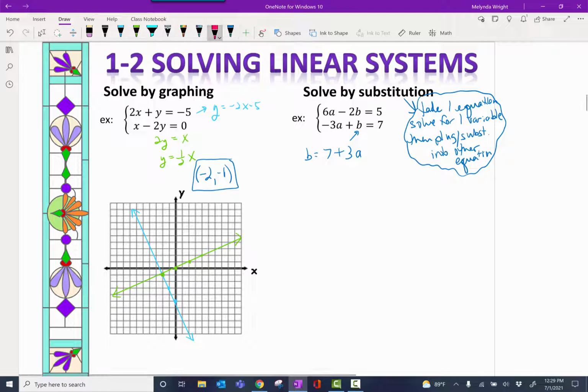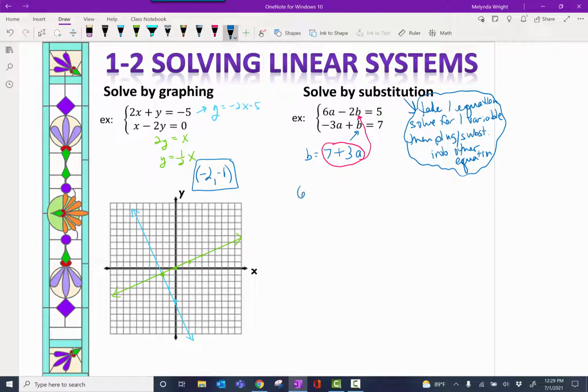Now we're going to take what b equals, go up here, and replace this b. We're going to substitute this information into that b. Just a reminder on how this technique works.